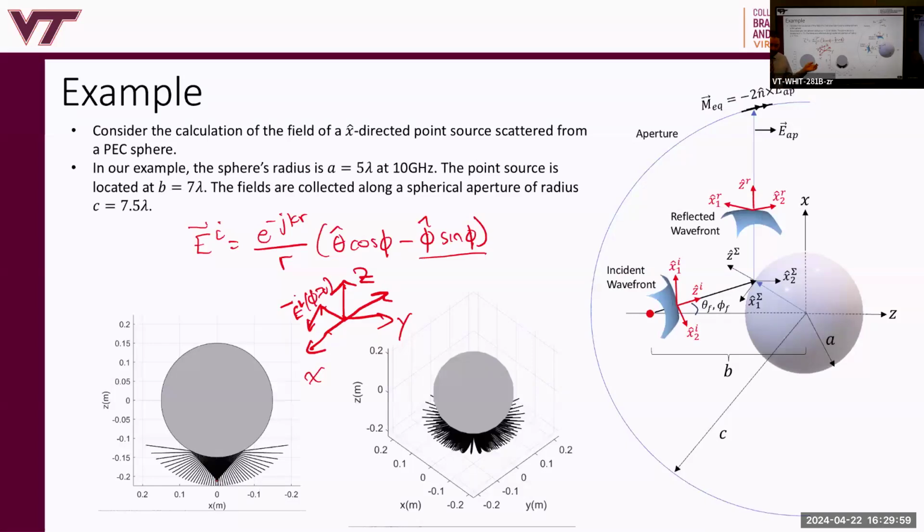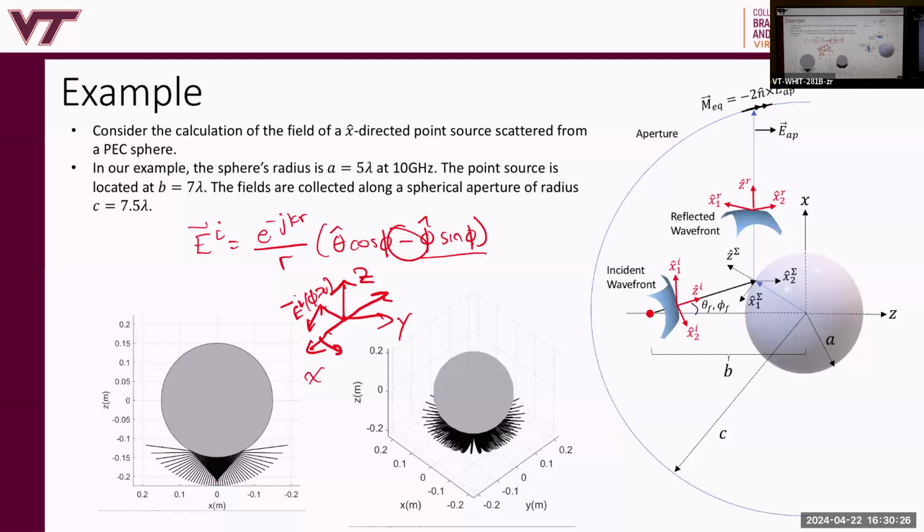Remember, phi hat, when phi is equal to 0, points this way, orthogonal to the x-axis. Now imagine sweeping this around 90 degrees. What direction is it going to point? Minus x hat, right? That's why you need this other minus sign. So once you get to the yz plane, it's still x polarized.